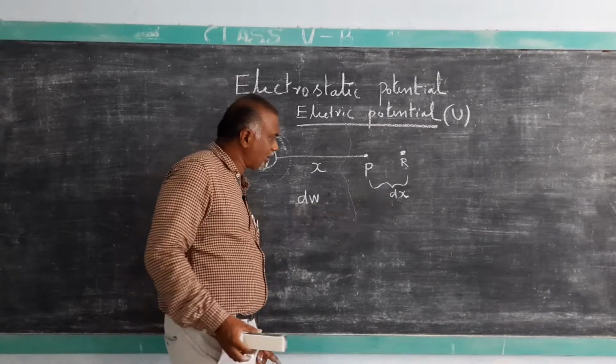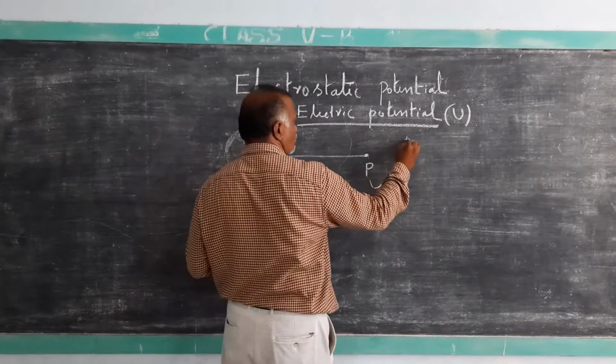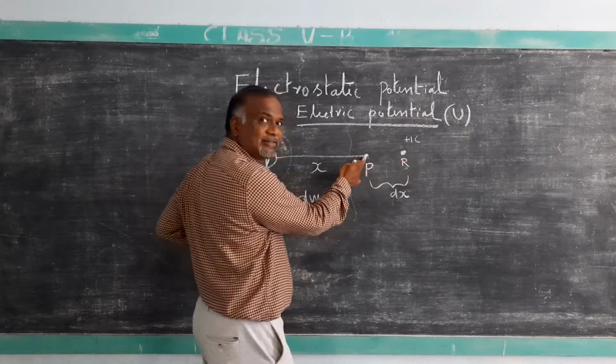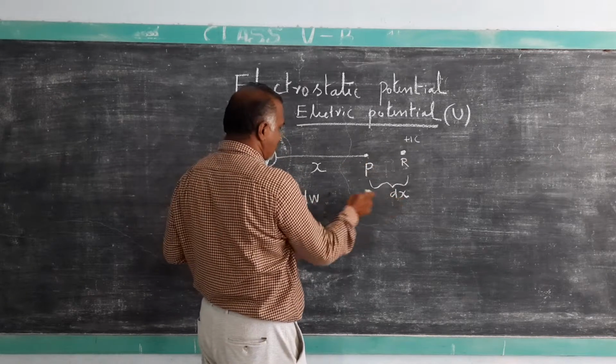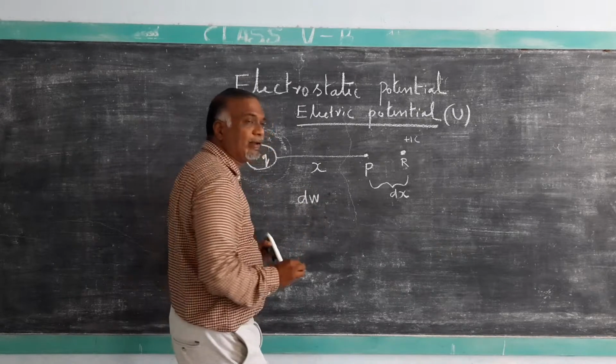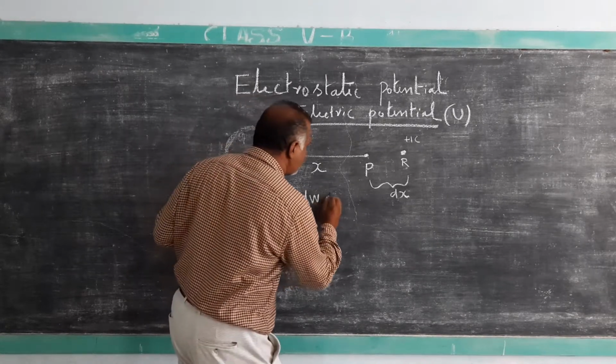To move a plus 1 coulomb charge from this point to this point, a small distance dx, I do some work. That work is denoted by dw. Actually, from mechanics we know what dw is.